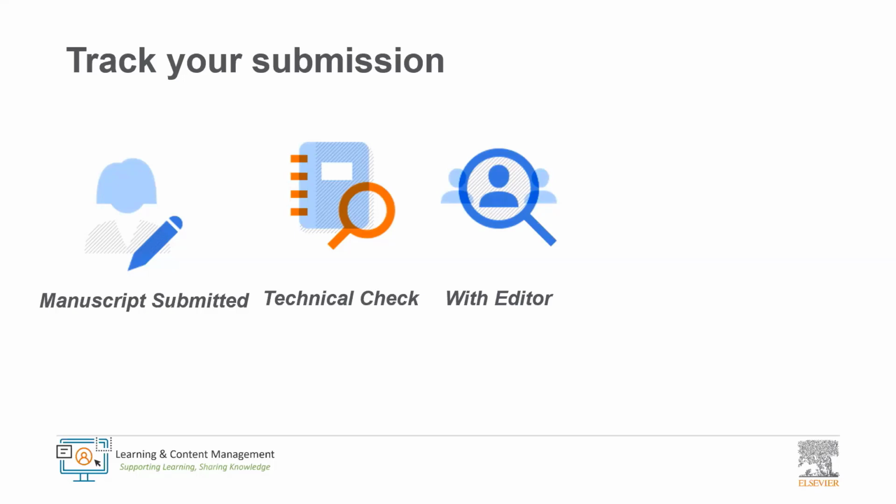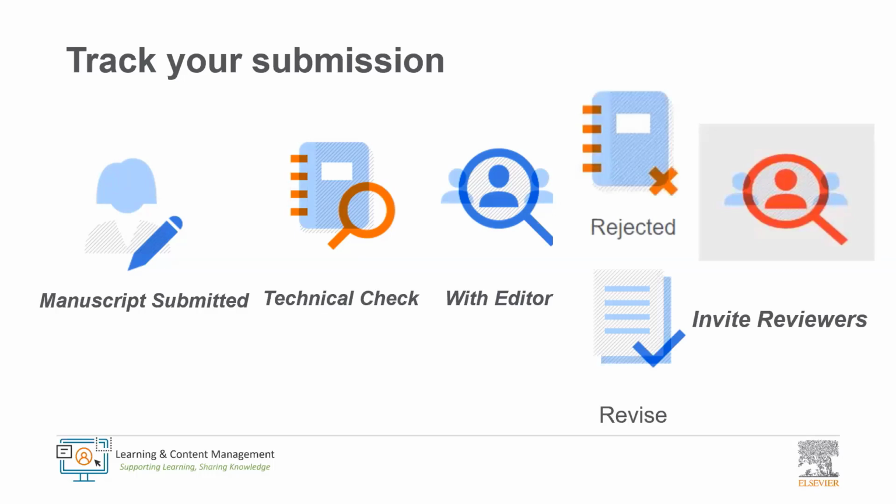And the status remains with editors until the editor either makes a decision or invites reviewers. The handling editor has different action choices: they can make a desk reject decision, send the paper for revision to the author, or invite reviewers.